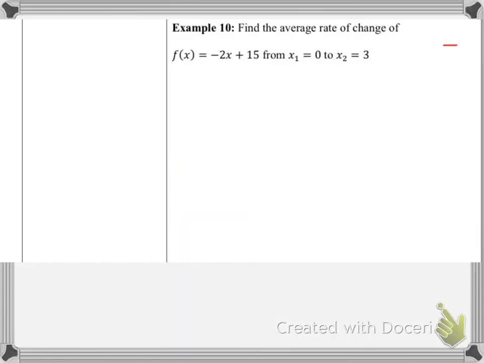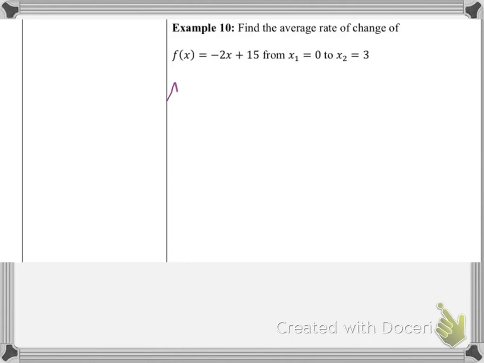All right, so now let's look at an example, okay? Example 10. So find the average rate of change of f of x equals negative 2x plus 15 from x sub 1 equals 0 to x sub 2 equals 3, okay?